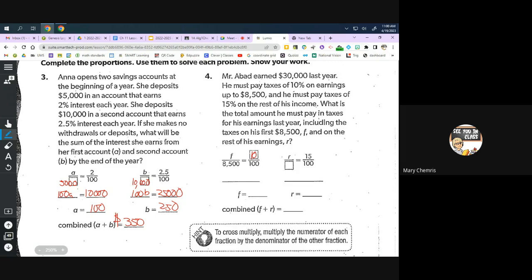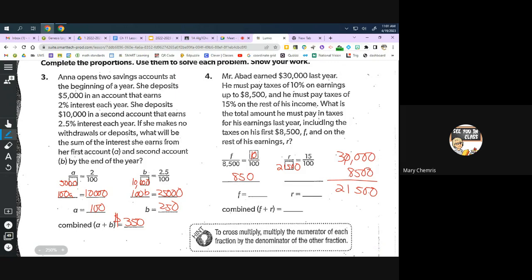Okay, so he had a total of 30,000. And we have to take away 8,500. And so that's 21,500. So on this, he earns 850. And on the other, it's 15%.